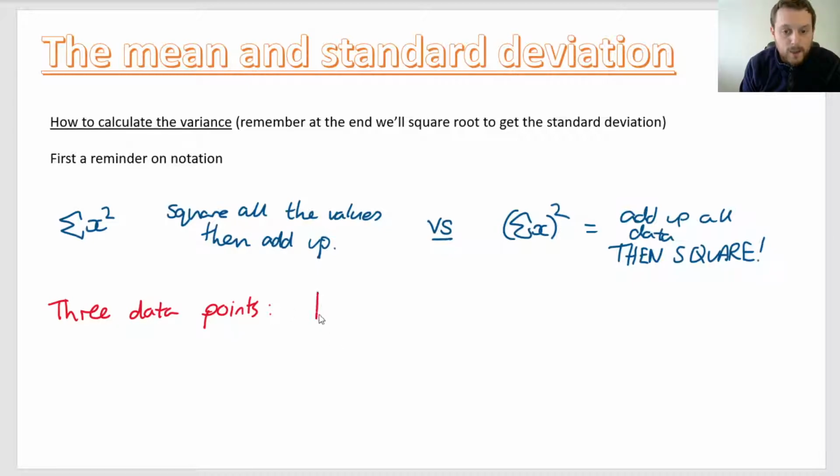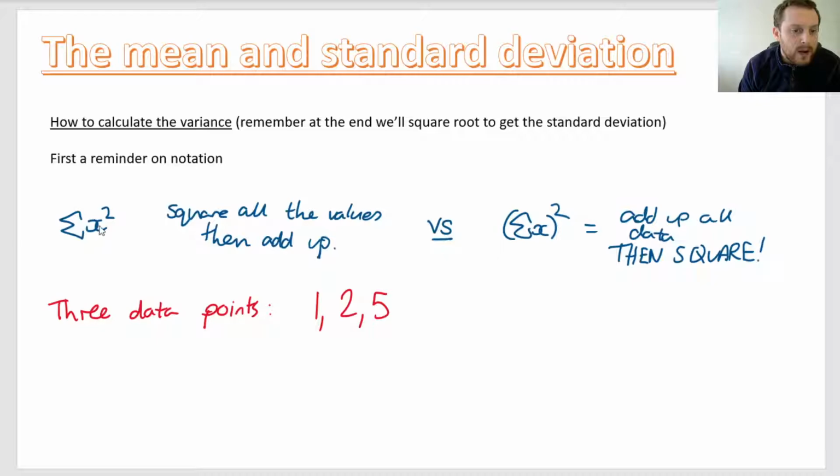Let's keep them small so it's nice and easy. 1, 2, and maybe, I don't know, 5. You know, if I said to you, okay, tell me the median, it's like, okay, well, it's just 2. I'll say, all right, okay, tell me what they all add up to. It's like, right, well, 1 add 2 is 3, add 5 is 8.